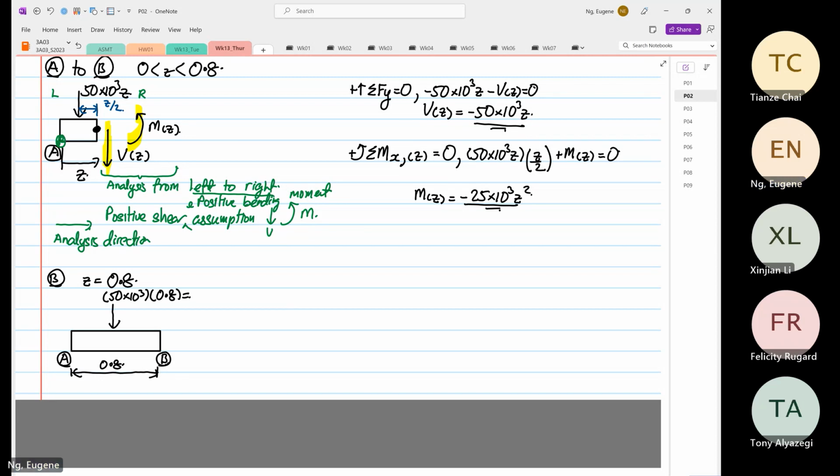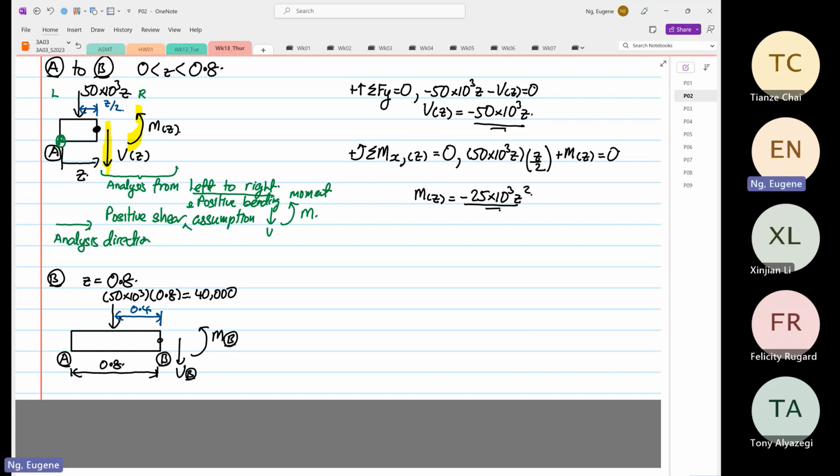So 50 times 0.8 is equal to 40,000. And the distance from here to here is equal to 0.4. And then we assume positive shear and positive bending moment assumption.